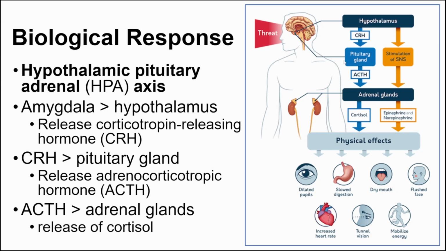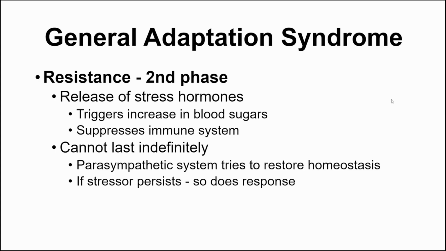So if I go back here, that would be here, where we said we've activated our sympathetic nervous system as part of phase 1. We also have those early signals sending our different types of hormones to then trigger the adrenal glands to release hormones. So the 2 different systems are going to be encouraging the adrenal glands to release all 3 of these stress hormones. So that leads us into our resistance phase.